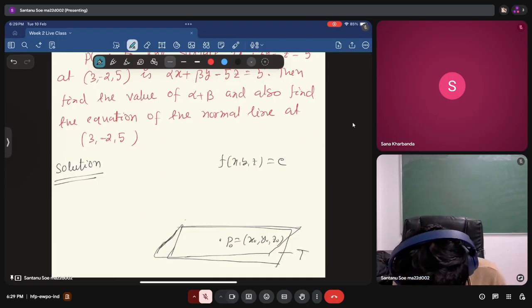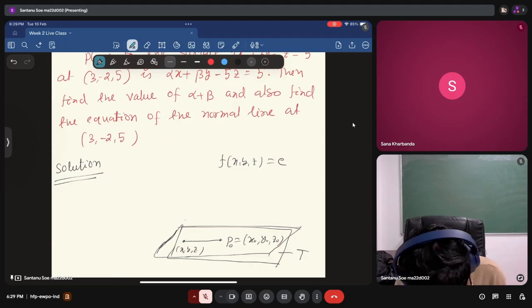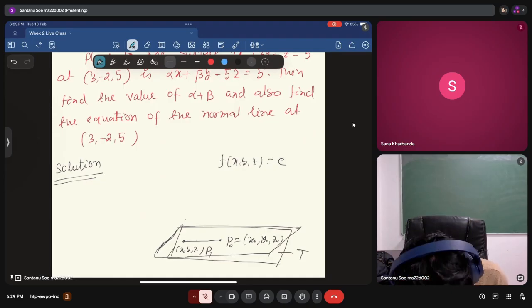So now for this reason, we just take another point here, such as x, y, z. Then we join these two points. Let us call it P1. And since the gradient is the normal to the tangent plane, this will be our gradient of f at P naught.